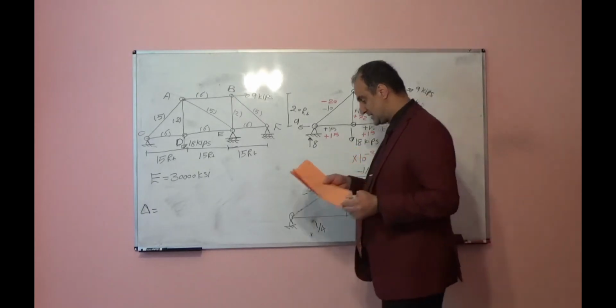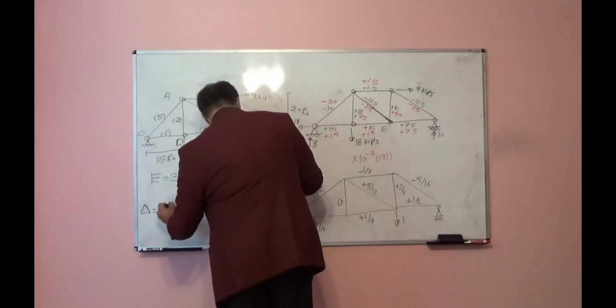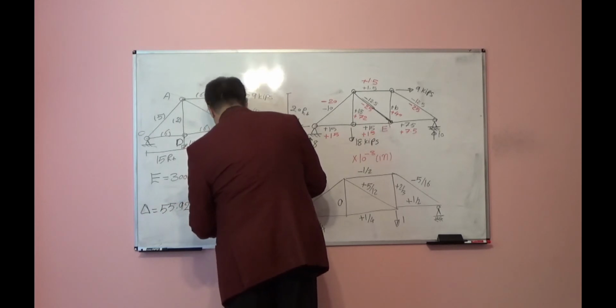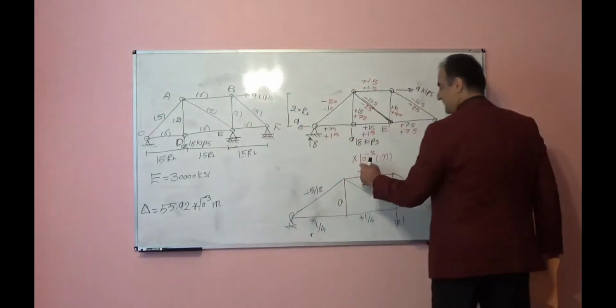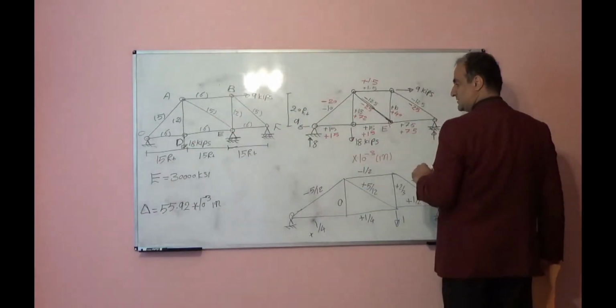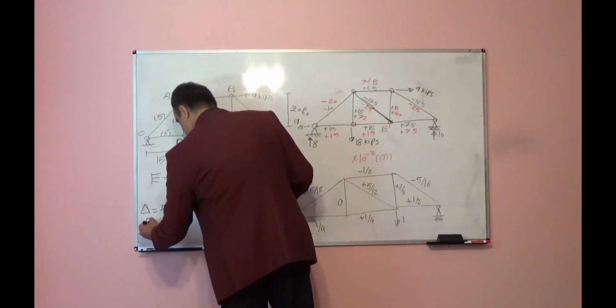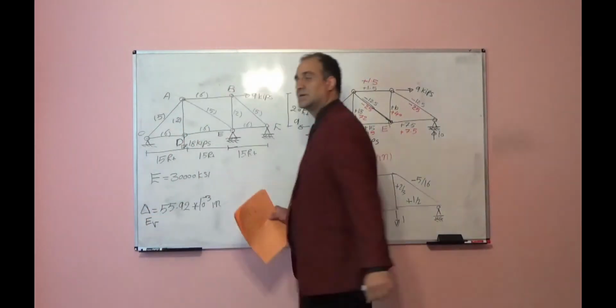If you do that, you will find 55.92 times 10 to the power of negative 3 inch, because here we have 10 to the power of negative 3, that comes from here. So that will be deflection for point E in the vertical direction.